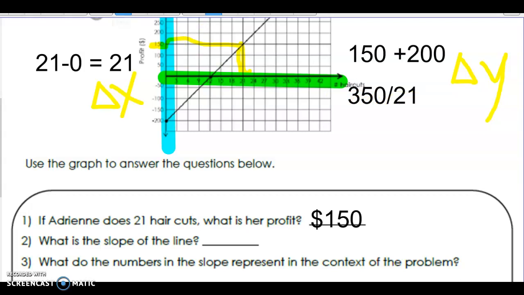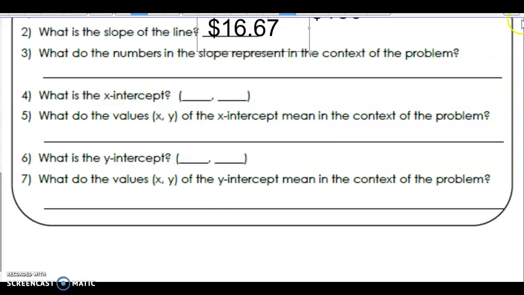And I did not come up with a nice, neat little number here. I came up with 16.6666 repeating, so I'm going to go ahead and round that to $16.67. Okay, so what this means roughly is that there's going to be 10 haircuts.